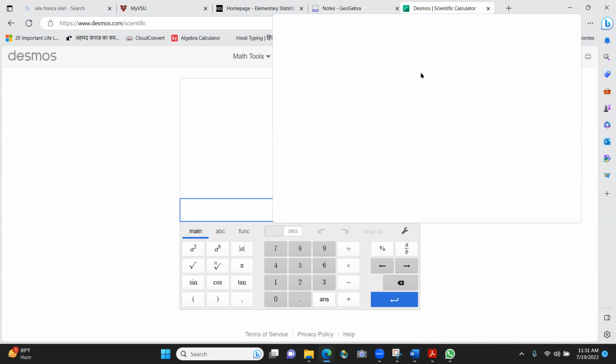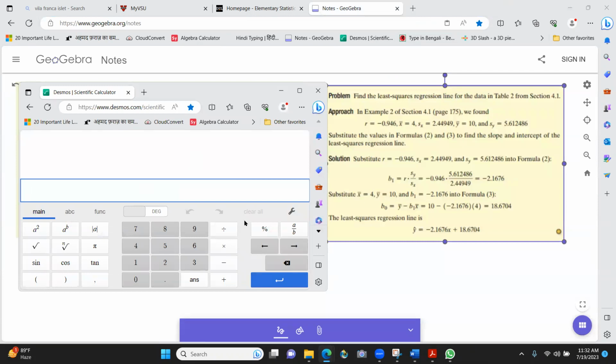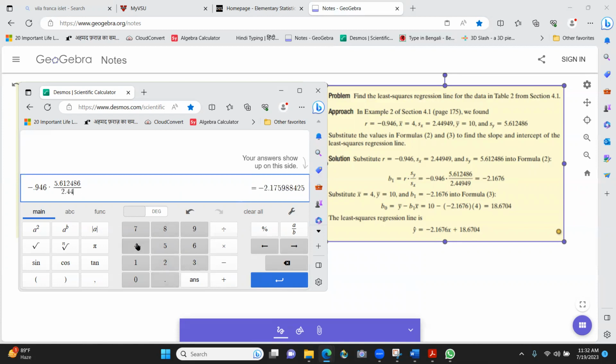To find B1, the slope of your line, you're going to take negative 0.946 multiplied by SY, which is 5.612486, divided by SX, which is 2.44949.